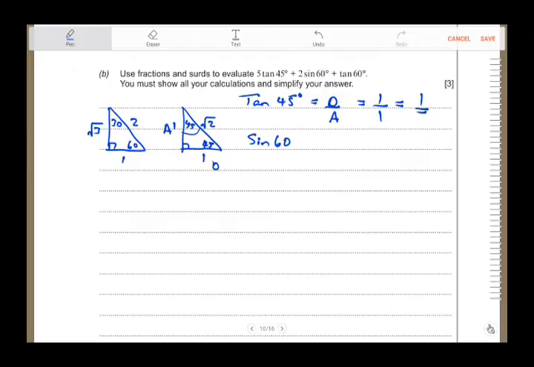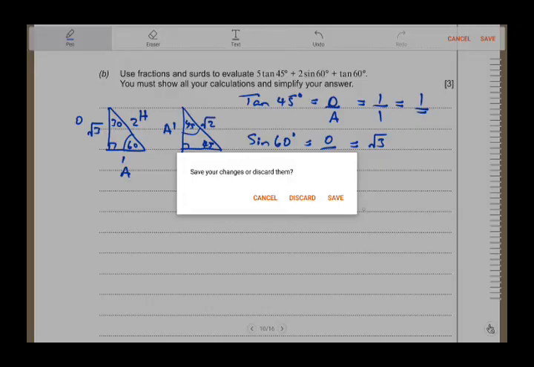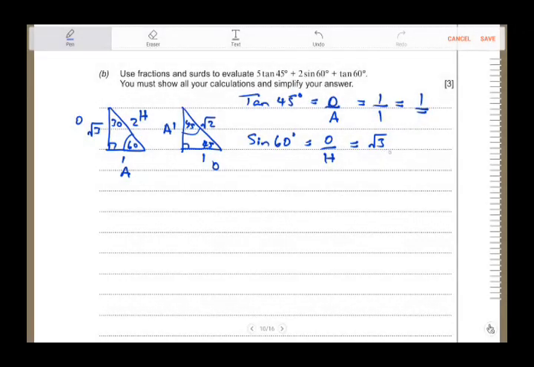Sine 60 is opposite over hypotenuse. Now if we're looking at 60, that's my opposite. That's always the hypotenuse. The opposite and adjacent change depending on which angle you're looking at, if you remember. So that's opposite 60, that's next to 60, so that's adjacent. Opposite is root 3, and hypotenuse is 2.